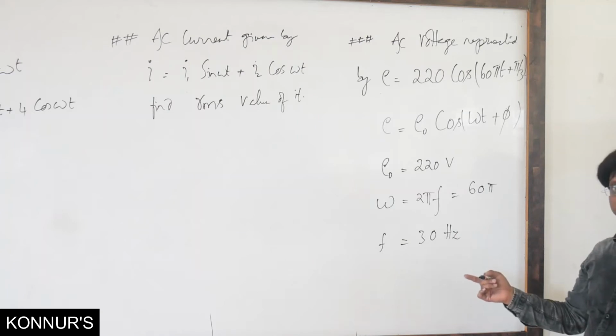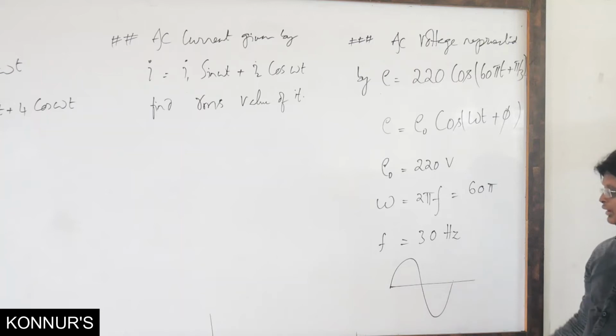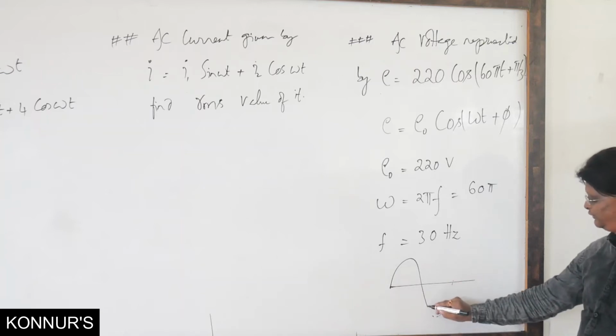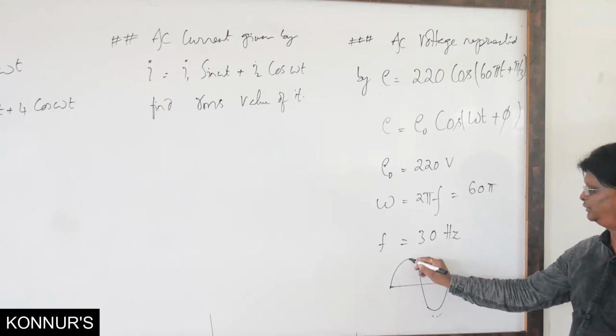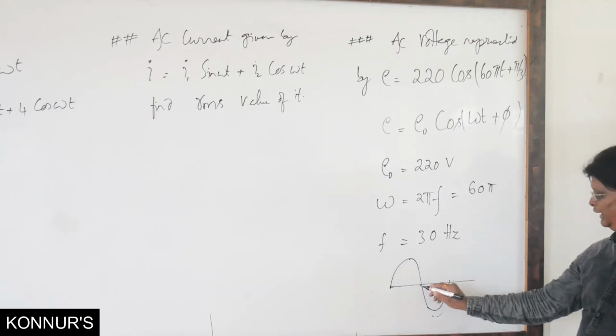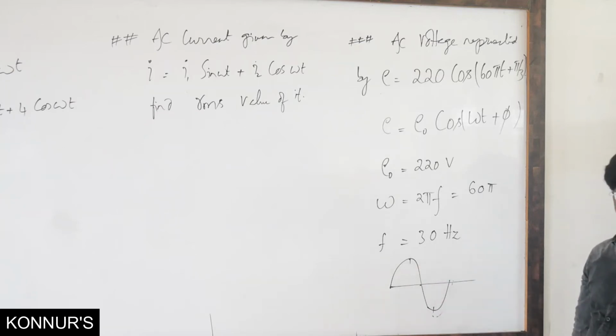What does it mean? You remember what we mean by one cycle? You know that this is 0 to maximum, maximum to 0, again 0 to maximum. It is becoming maximum twice, right? Becoming 0 twice in one cycle. During one cycle this is the case.